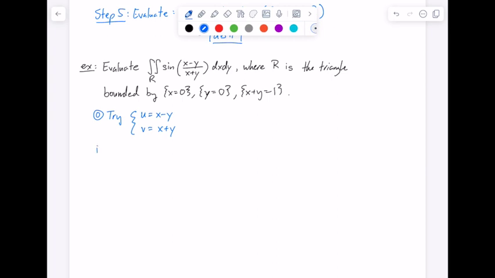Once again, we'll start by sketching out our triangular region in the xy plane first. And notice that we want to first figure out, like before, where the boundary maps to, and because the boundary here consists of distinct straight lines with different equations, I'm going to distinguish them by labeling them L1, L2, and L3.